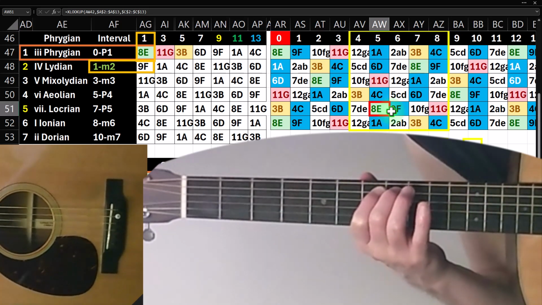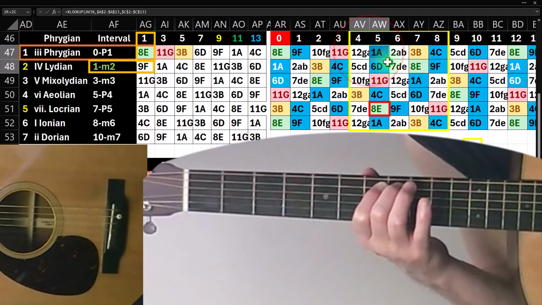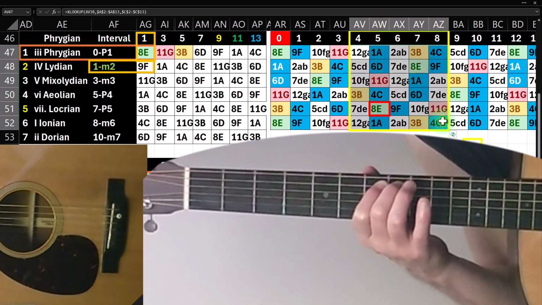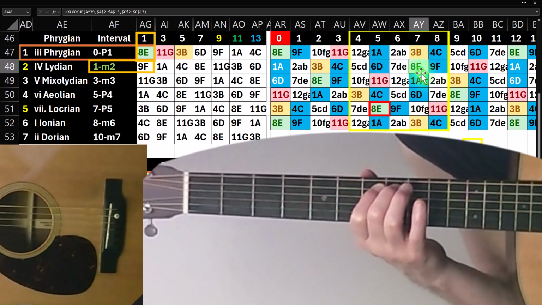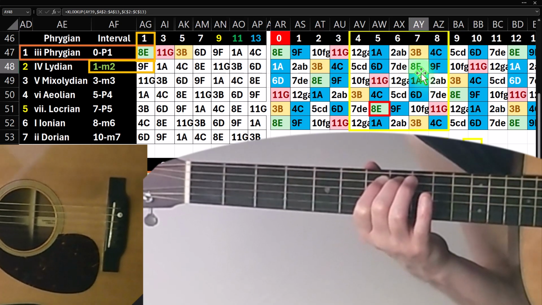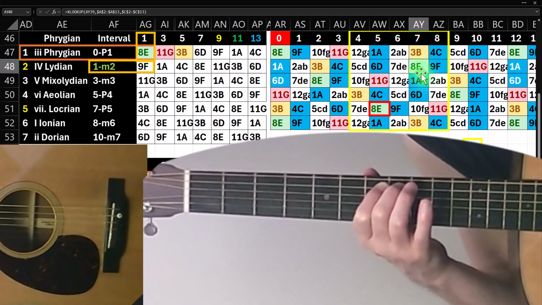You might see it that way. If I say this is like that shape, and it has all the related modes, then if I make the E the tonic in that same shape, that would be the Phrygian mode. It would be the E Phrygian mode.